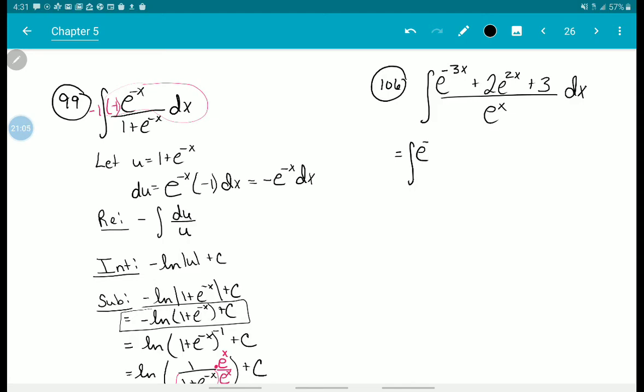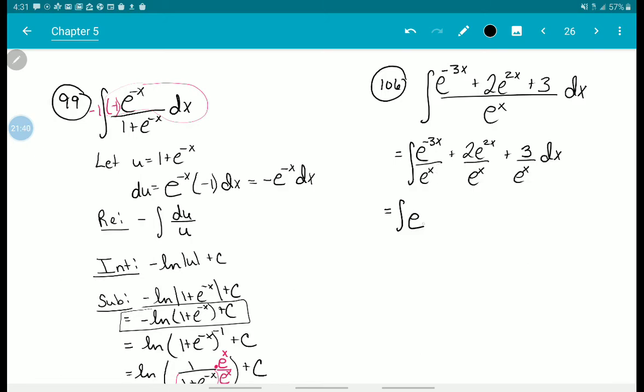So we can rewrite this as e to the negative 3x over e to the x plus 2e to the 2x over e to the x plus 3 over e to the x. Okay, algebraically, that's equivalent. We have the same denominator, so we would add the numerators. It's always good to double check in this step to make sure you have the same thing you started with.